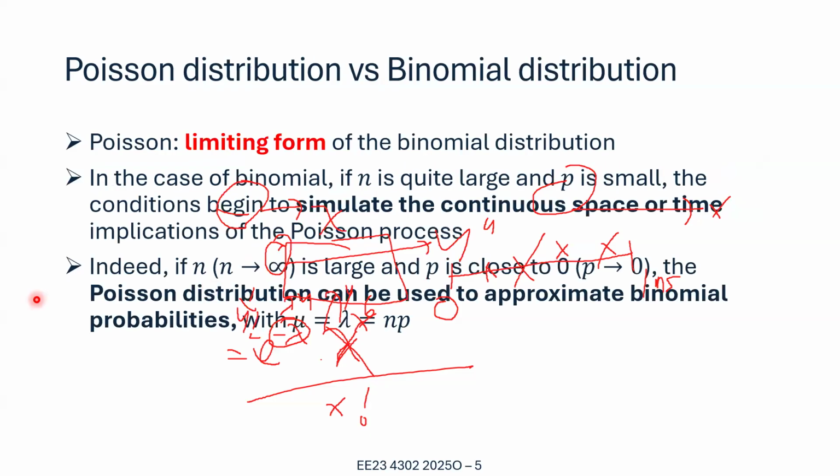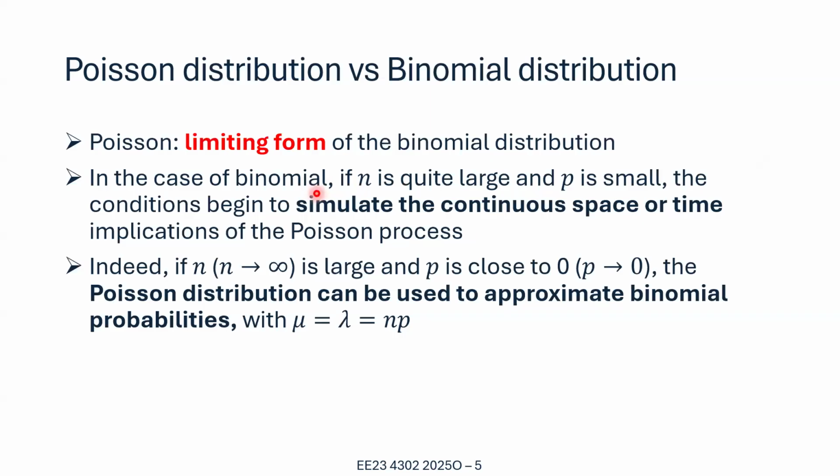And here the Poisson distribution could be considered as a limiting form of the binomial distribution. So actually these two are related quite closely.